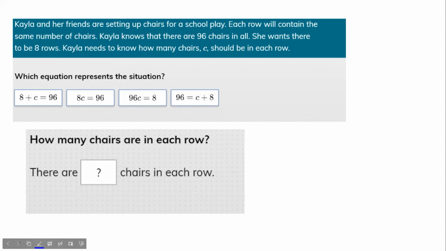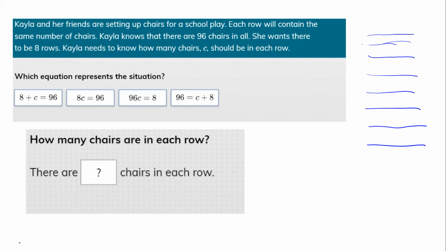If there are 8 rows, and maybe I'll draw a diagram just to make sure I've got this right. 1, 2, 3, 4, 5, 6, 7, 8. Those are my 8 rows. And so I'm trying to visualize it, right? So my 96 chairs need to be divided up among those rows.